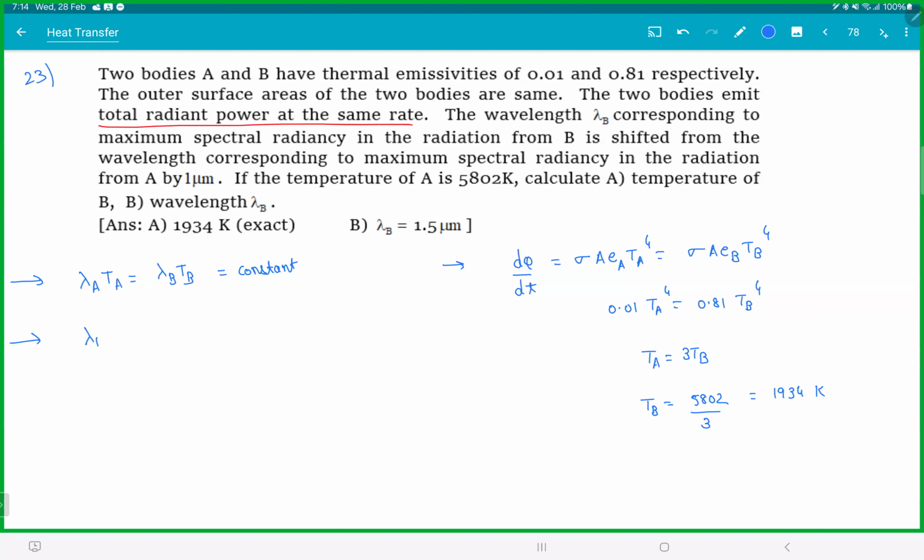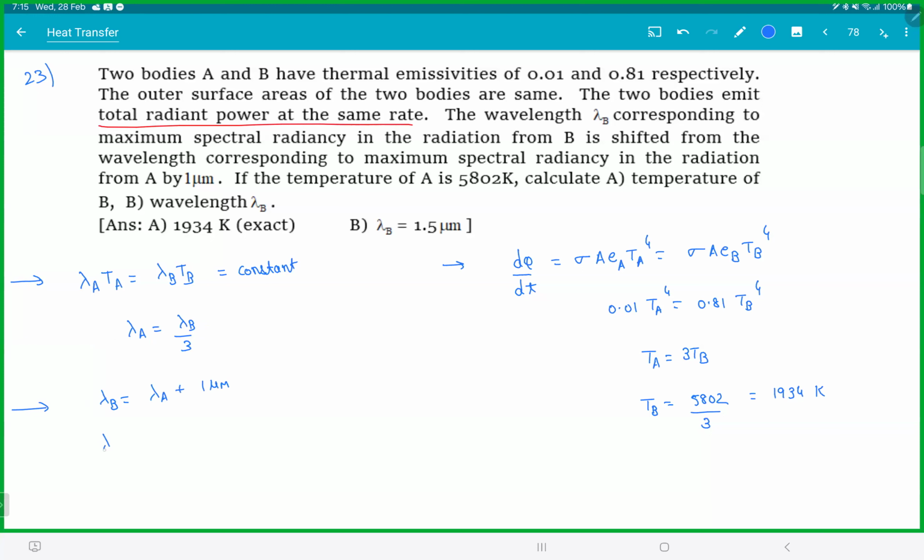So lambda B should be equal to lambda A plus 1 micrometer. And from here, we also know this ratio now. So lambda A is lambda B by 3. And lambda B is lambda A plus 1 micrometer.